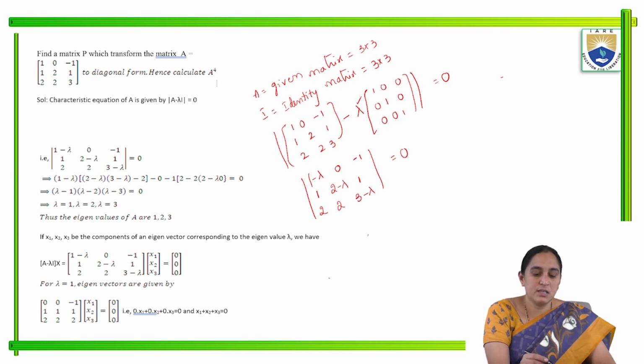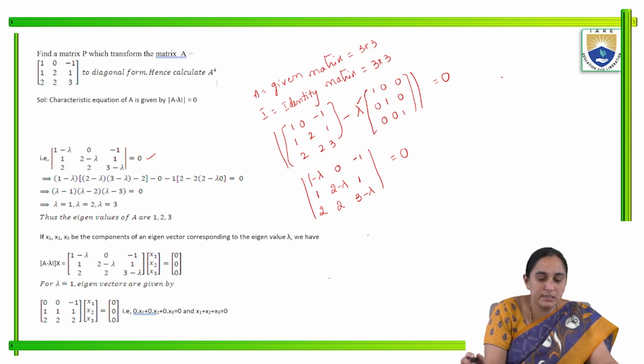From that characteristic equation, we get one characteristic matrix. For that, we have to find the determinant value. How are we finding the determinant value? According to the first element, 1 minus lambda, neglecting the corresponding row and column, we get 1 minus lambda into the remaining part, (2 minus lambda) into (3 minus lambda) minus 2.